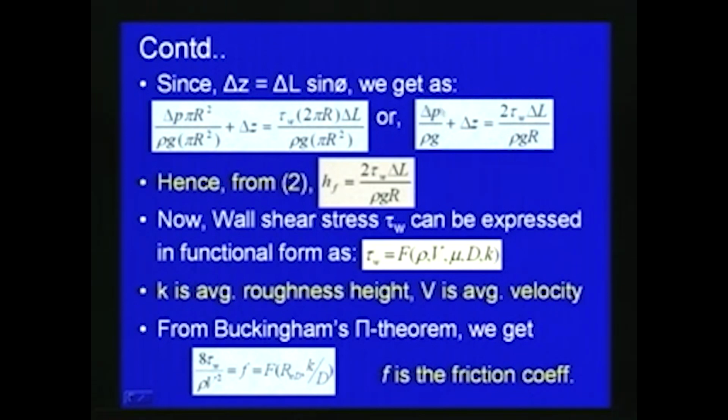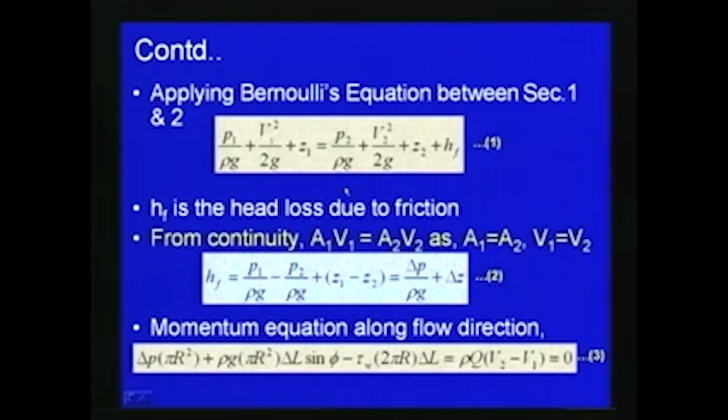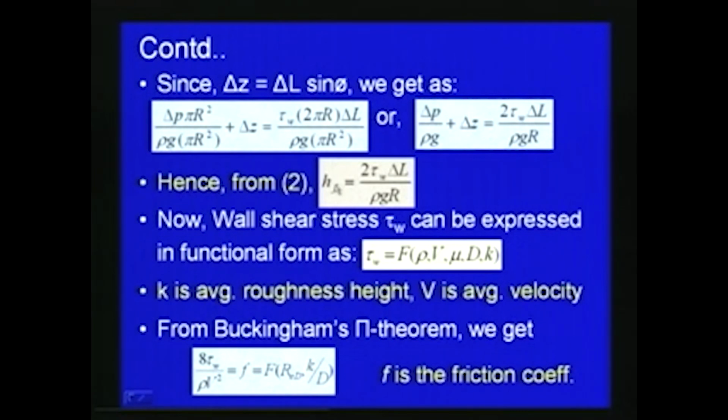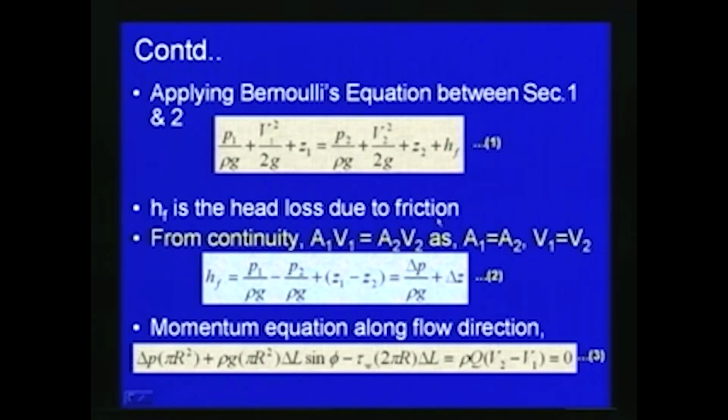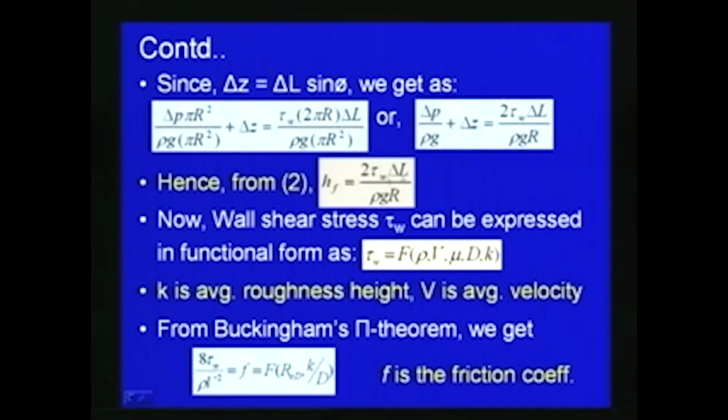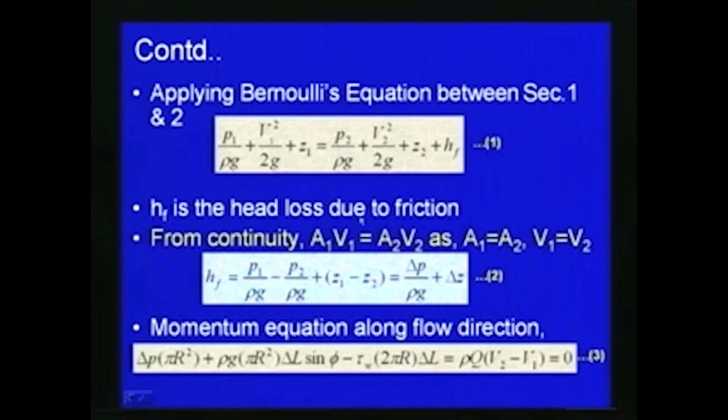Now we can simplify this equation as delta P by rho g plus delta Z is equal to 2 tau w into delta L by rho g r. Now if you put in equation number 2, which comes from the Bernoulli's equation, we get hf, the head loss due to friction, hf is equal to 2 tau w into delta L by rho g r, since delta P by rho g plus delta Z is also here.